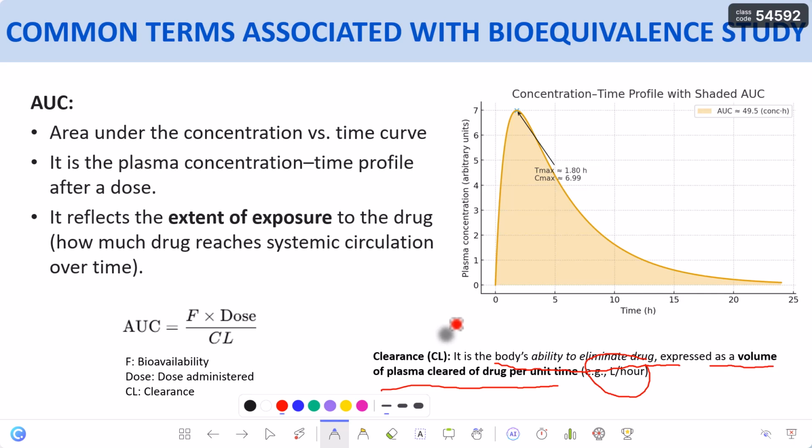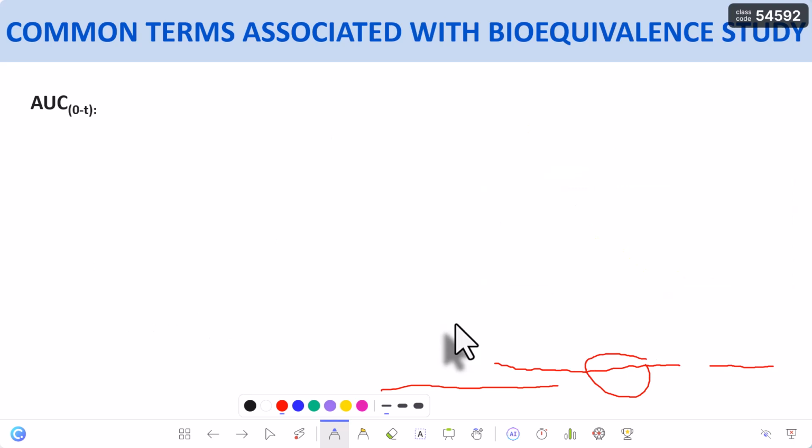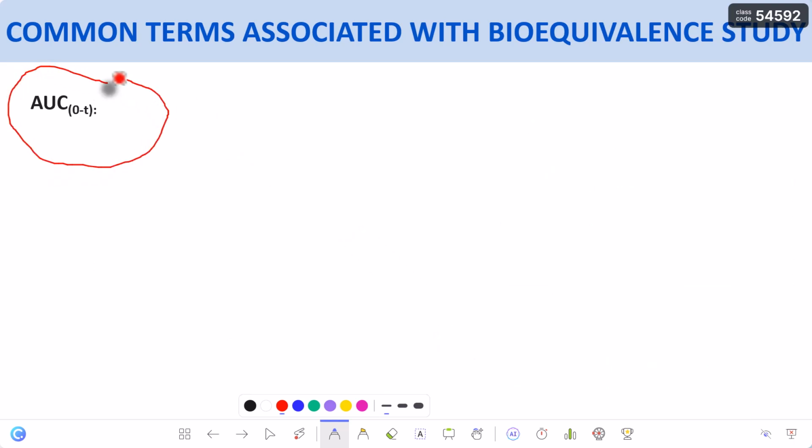So what are the different types of AUCs? The first one is AUC 0 to T. What is AUC 0 to T?